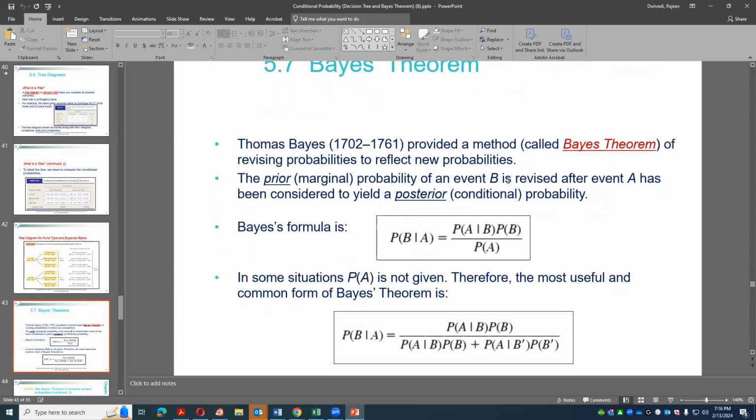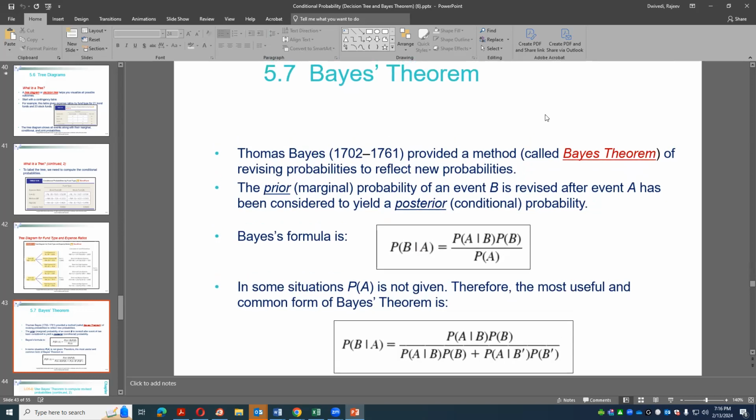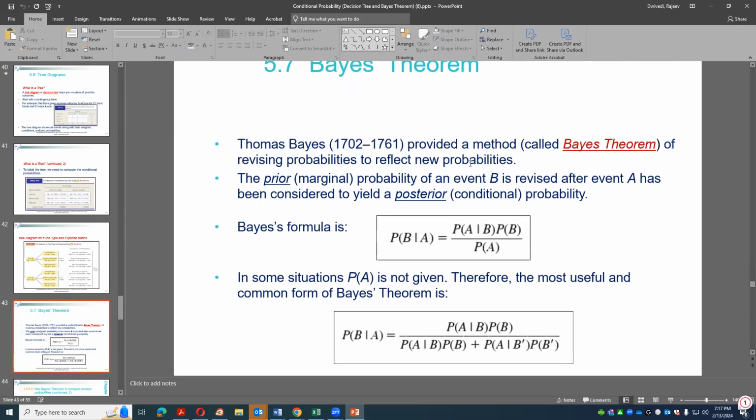Now Bayes theorem, actually this is the most important theorem that is applied in many situations, and it is a very old theorem. It was developed during this period by Thomas Bayes, and it has many applications.